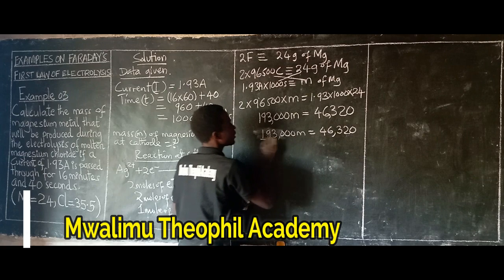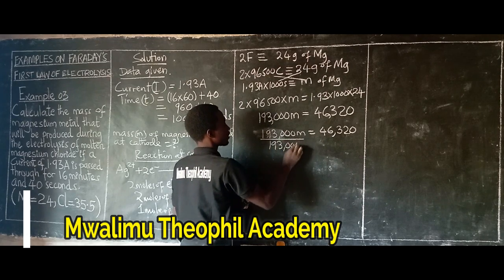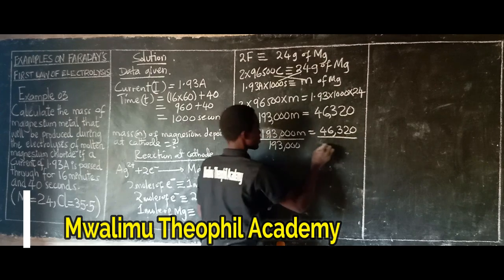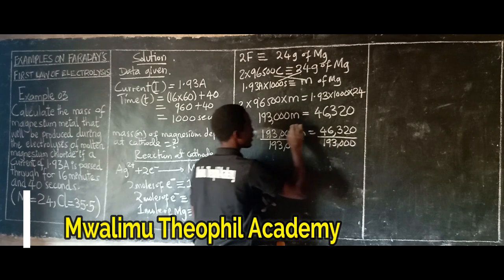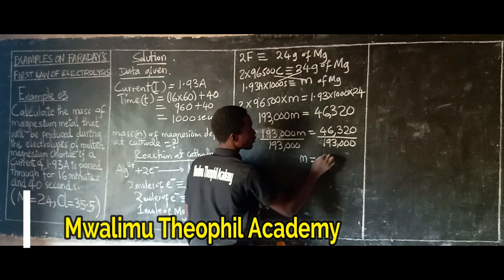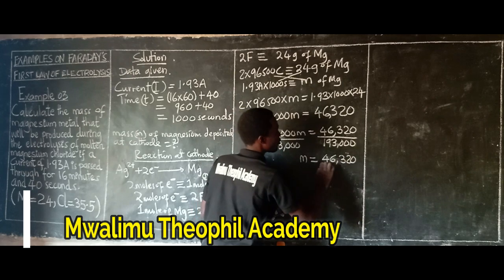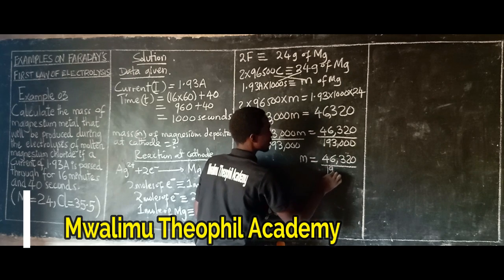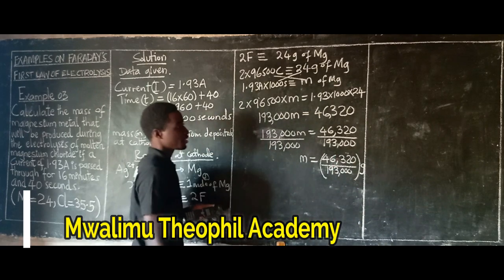You divide by 193,000 both sides. Here we're going to remain with the M. So the value of M will be equal to 46,320 over 193,000. You have to know that this is mass, so it will be in gram.